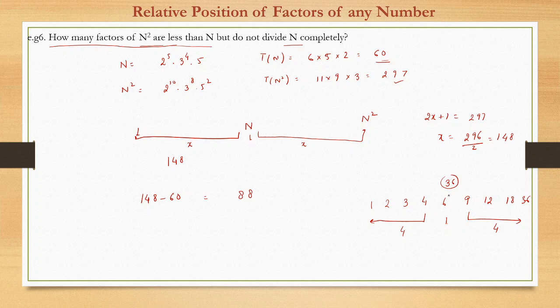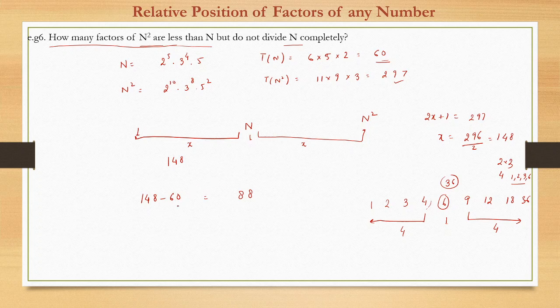And how many factors does the number 6 have? 6 can be written as 2 into 3, so it has 4 factors: 1, 2, 3, and 6. Excluding 6, it has 3 factors. So only 4 is the number which is a factor of 36 but not a factor of 6.